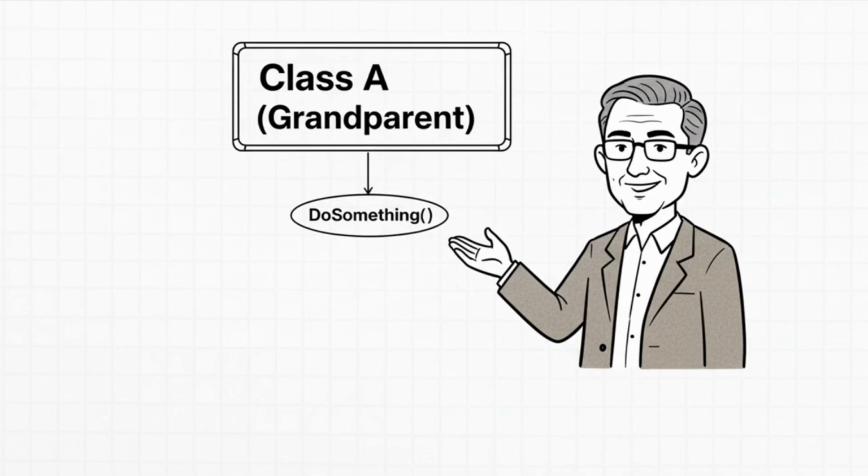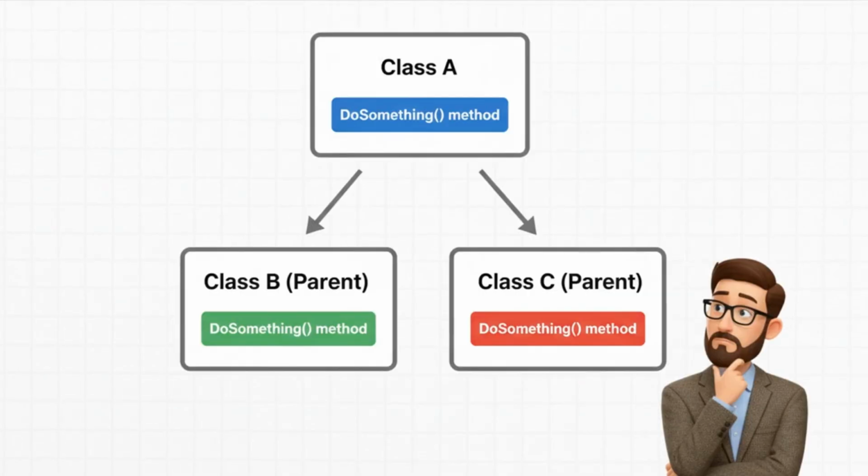All right, let's actually build this thing out step by step so you can see exactly what happens. Imagine we start with a single ancestor. We'll call it class A. This is our grandparent class, and it has one method, a basic action that we'll just call DoSomething. Simple enough, right? Okay.